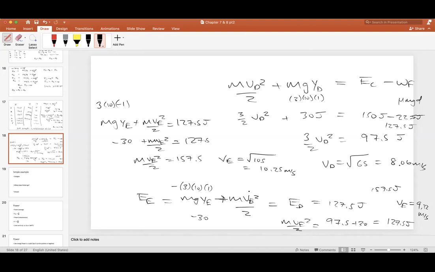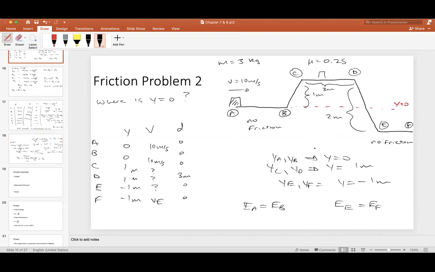For F, the velocity at F is the same, because there's no change in height, so there's no change in potential energy of gravity, there's no springs, there's no friction.